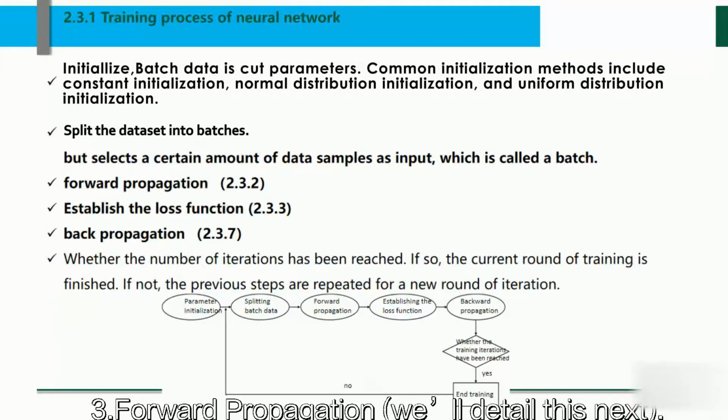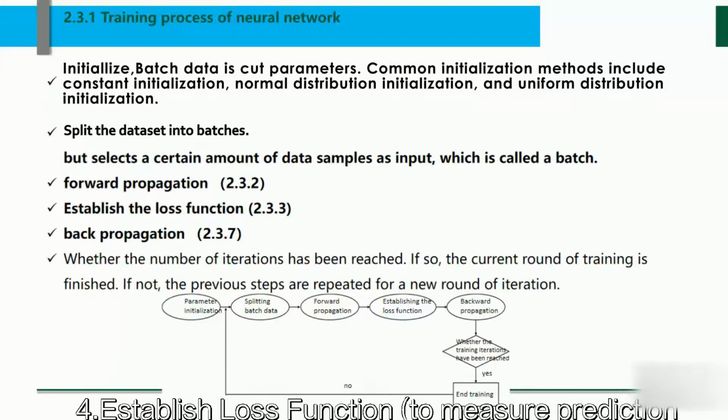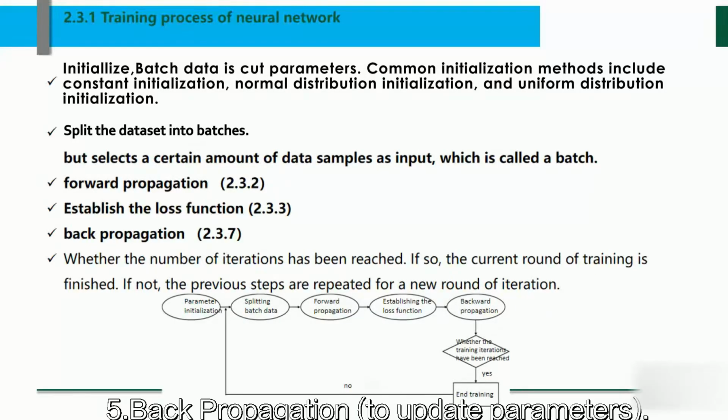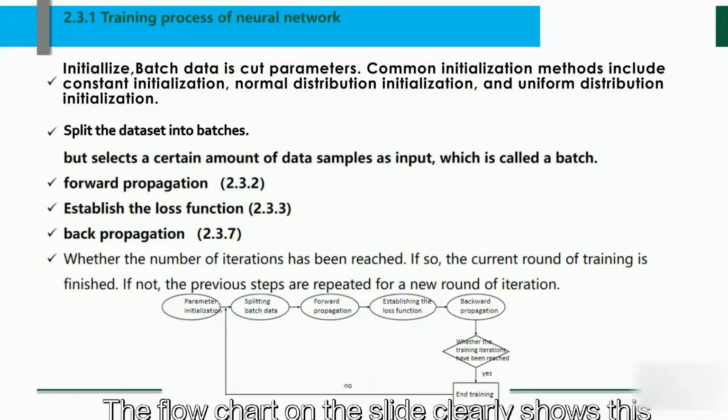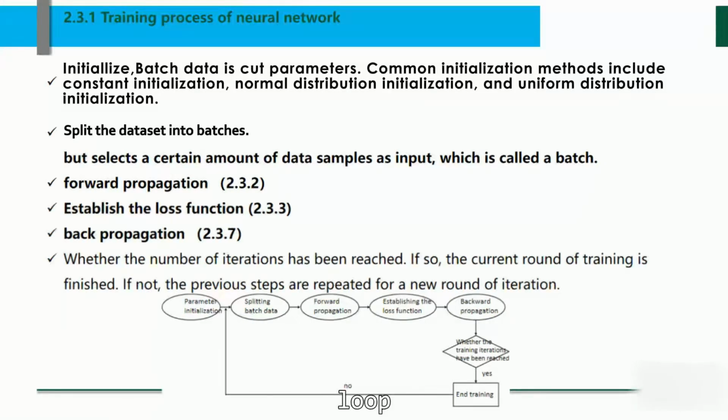We'll detail this next. Fourth, establish loss function to measure prediction error. Fifth, backpropagation to update parameters. Sixth, check iteration count. If the number of iterations is reached, end training. If not, repeat the cycle. The flowchart on the slide clearly shows this loop.